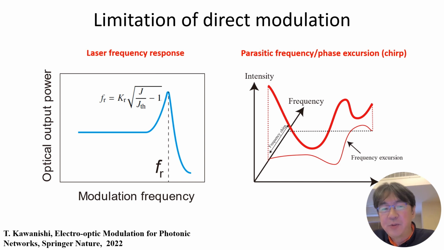So it would cause degradation of the transmission performance and undesired spectral broadening as well. So we have to take care of the frequency response and the chirp effect in direct modulation.